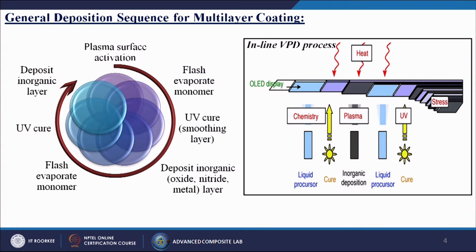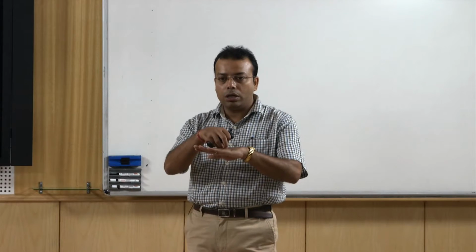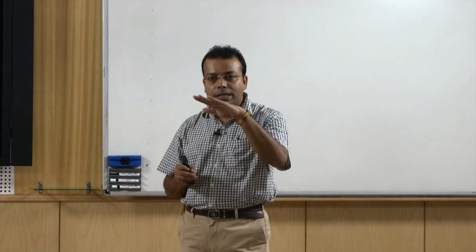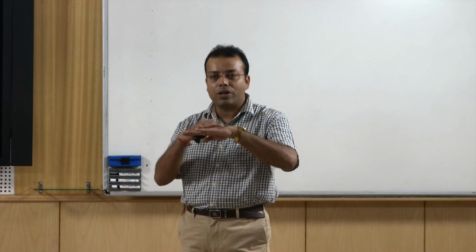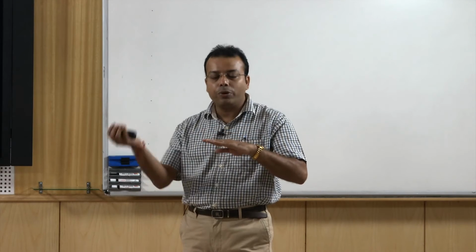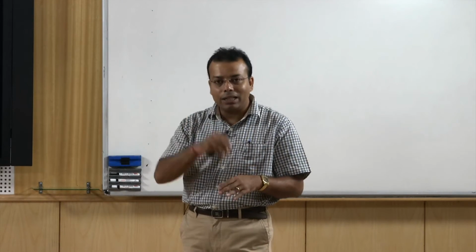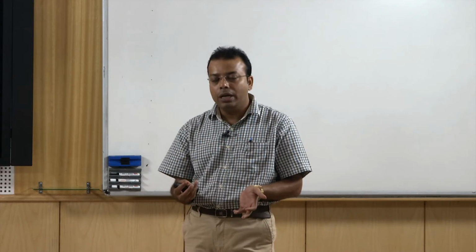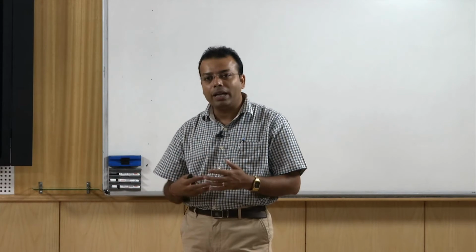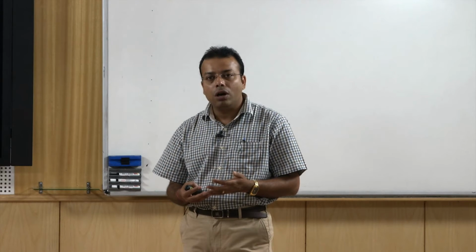From this figure you can understand that we are adding many material layers one by one. When we put one material onto the substrate, we do certain curing, drying the material, then we put another material, then again we do the curing, then a third material, and so on, making layer by layer depositions on top of the substrate.